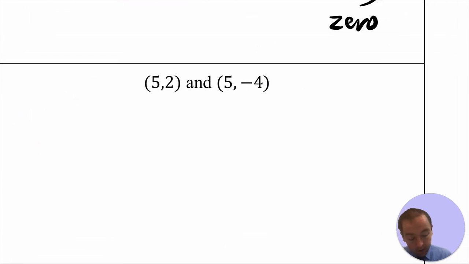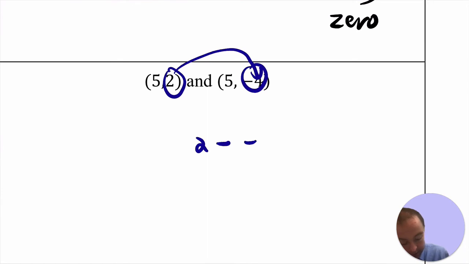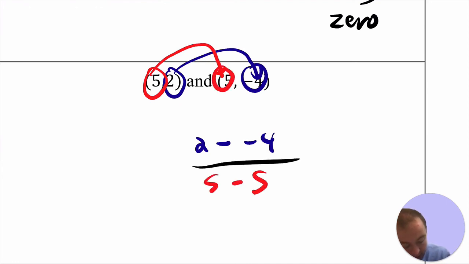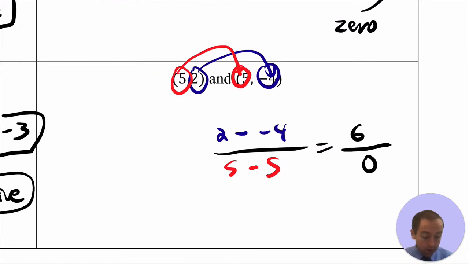And then one last example here to find the slope. How about let's go this direction this time. Let's do minus negative 4 for the change in the y's first. And then for the changes in the x's, 5 minus 5. So we're going to end up getting 2 plus 4, which is 6, and then 5 minus 5, which is 0. Whenever you have a 0 in the denominator, that's undefined.